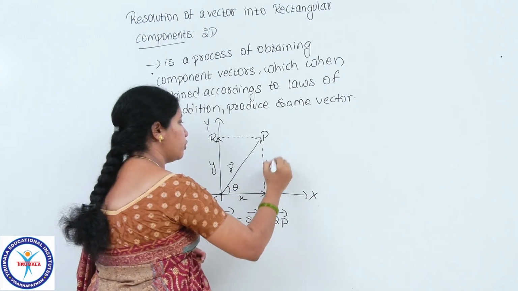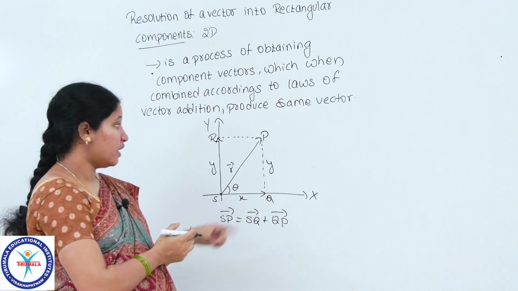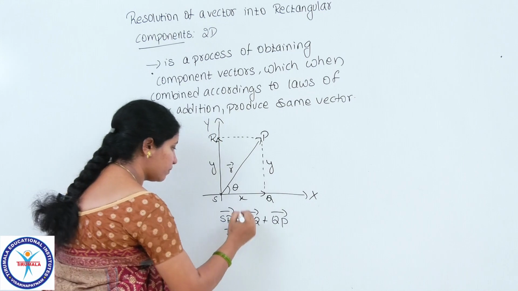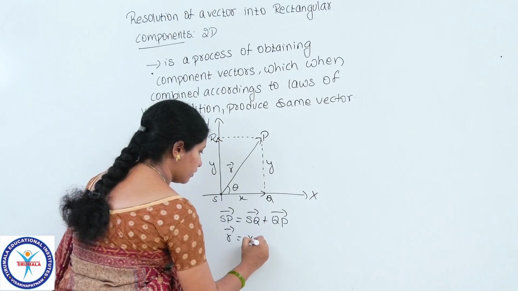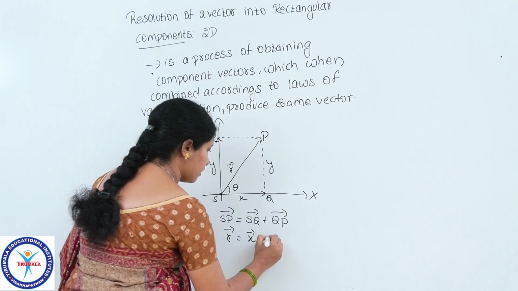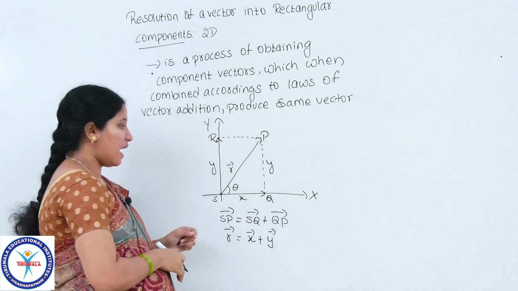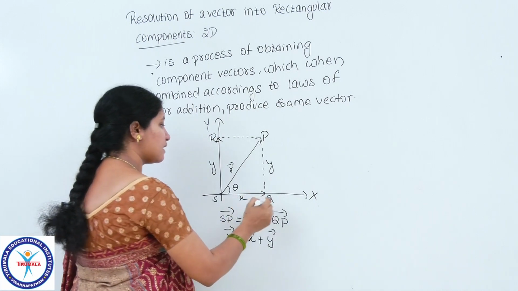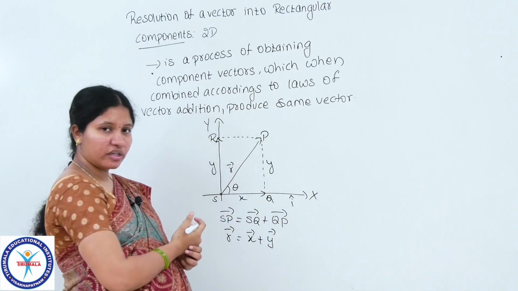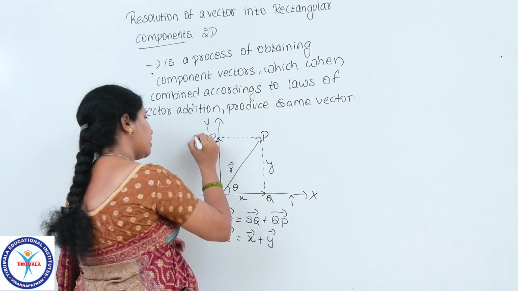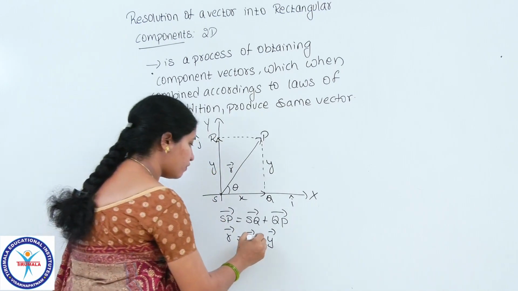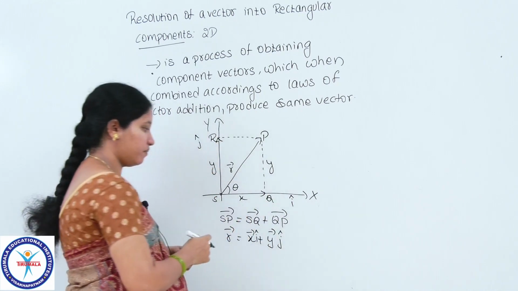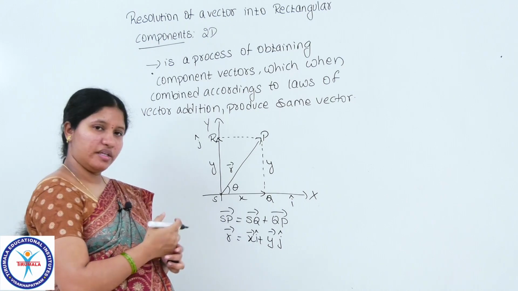QP bar also has magnitude y. So, substitute: r bar is equal to x bar plus y bar, and SQ bar is in the direction of i cap, as i cap is a unit vector along x axis and j cap is the unit vector along y axis. So, we get x bar i cap plus y bar j cap. This is the equation.